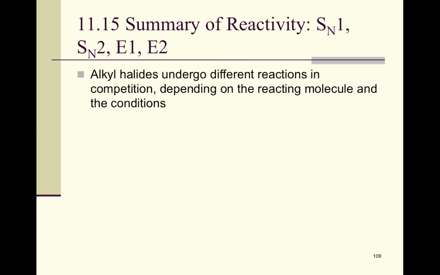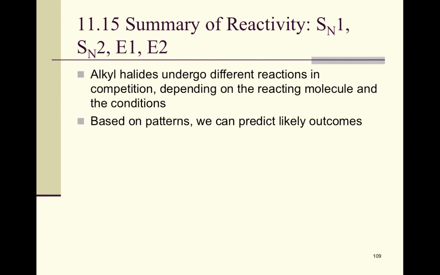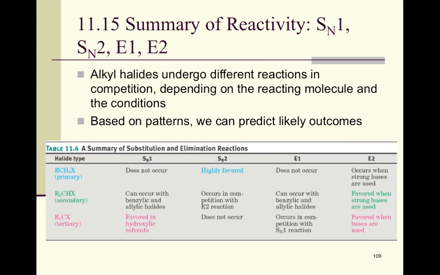Summary of the reactivities of SN1, SN2, E1, and E2. Alkyl halides undergo different reactions in competition depending on the reacting molecule and the conditions. Based on patterns, we can predict likely outcomes. Here's a summary of substitution and elimination reactions, and if we have a halide that's primary, secondary, and tertiary, we can see in an SN1, a primary alkyl halide will not undergo an SN1 reaction.